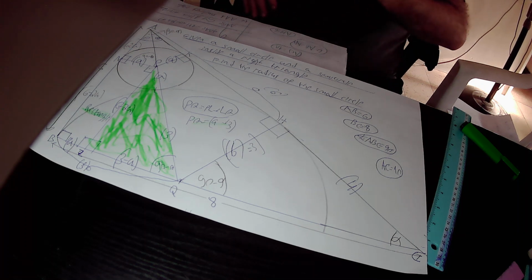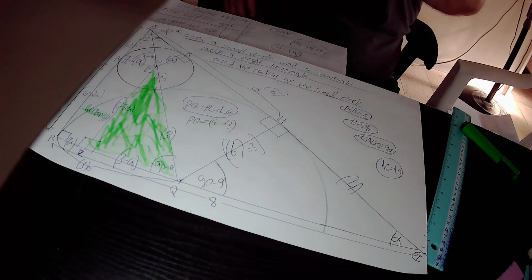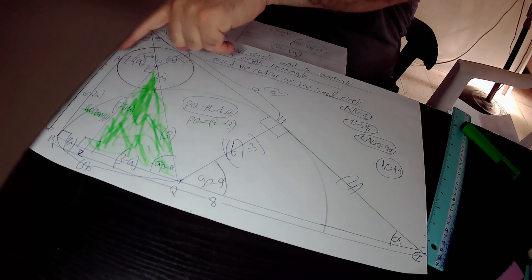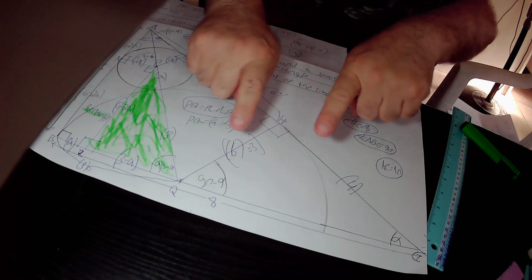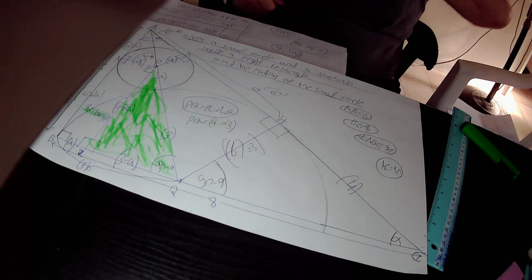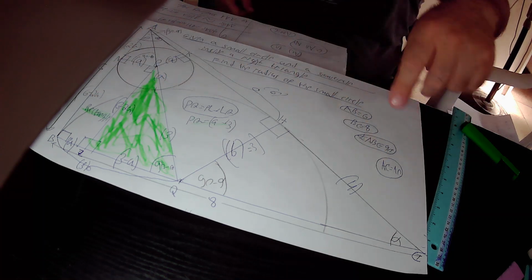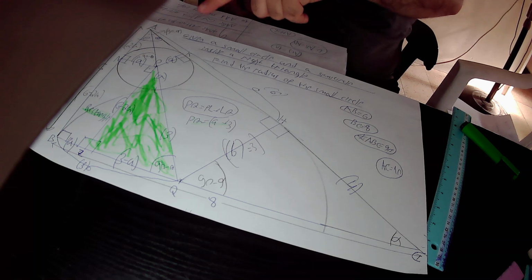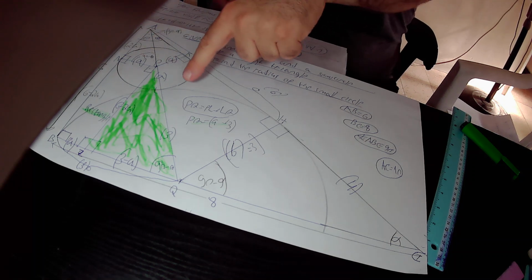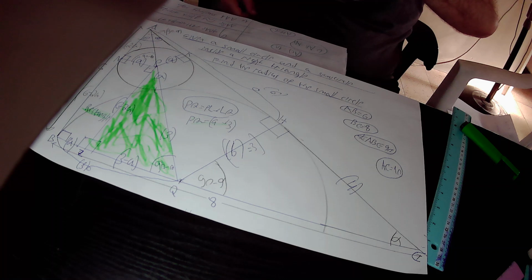So in the drawing we have a big triangle ABC. We know that side AB equals 6 units in length, side BC equals 8 units in length. Inside this big right triangle ABC we have this small circle and we have this big semicircle. The small circle touches the big semicircle at point L. And our mission is to find out the radius of this small circle.